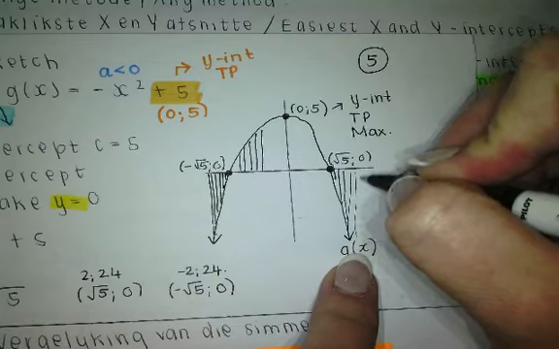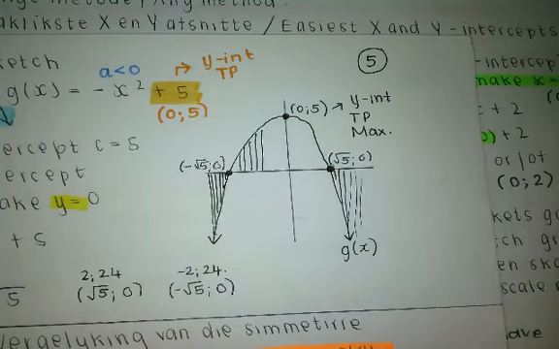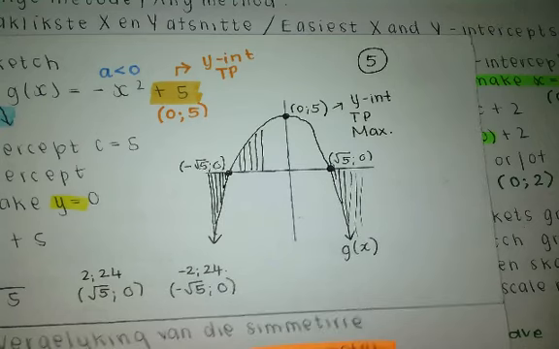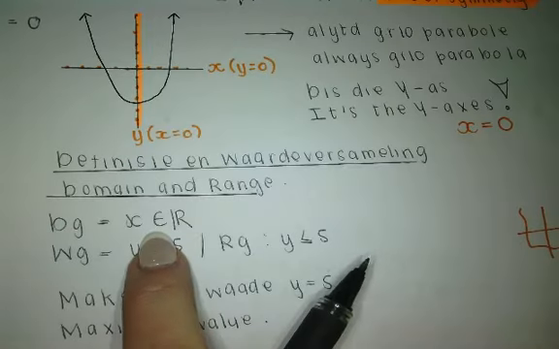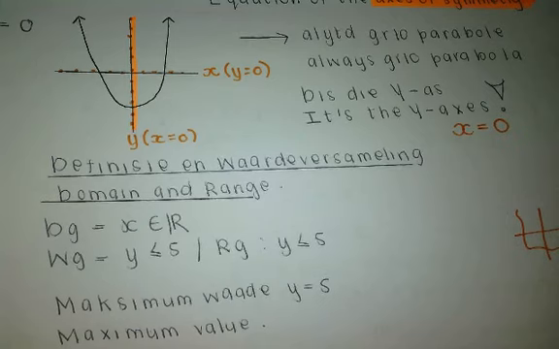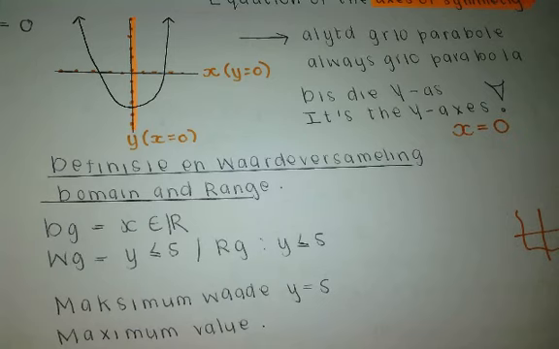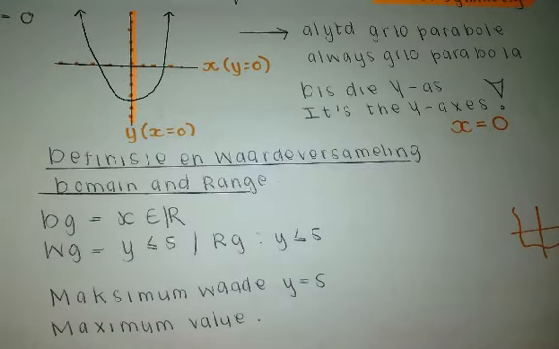So there'll always be a point on the graph, depending whether you go to the left or to the right. That means that for a quadratic, your domain is always x is an element of real numbers. So if I ask you for the domain of a quadratic, you are going to write down x is an element of real numbers. Always. Unless they give you a restriction, but in grade 10, it's going to be x is an element of real numbers.